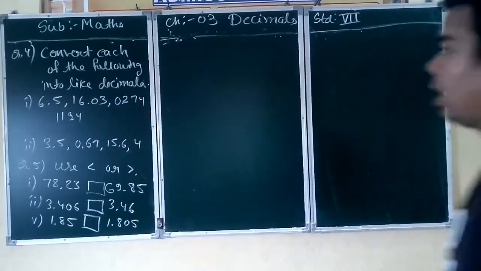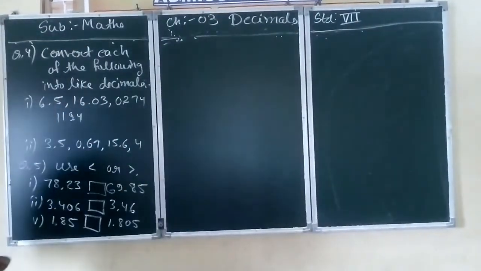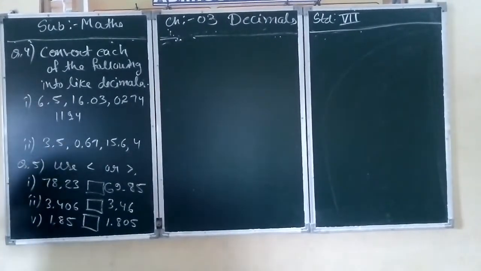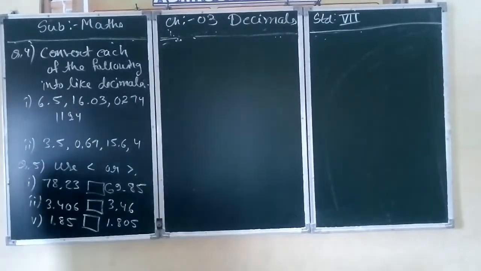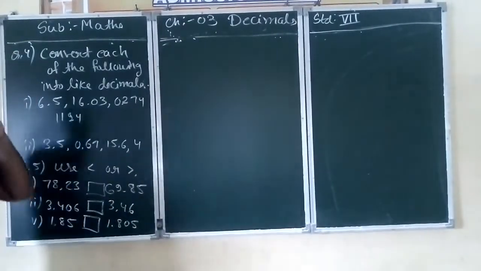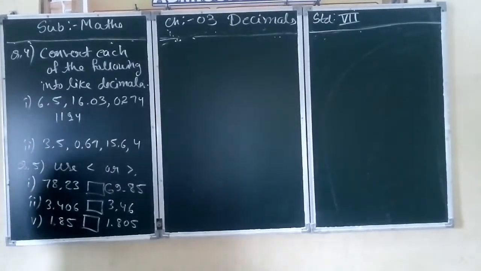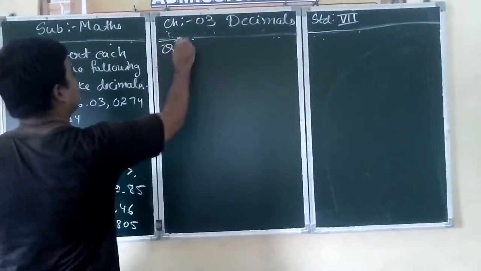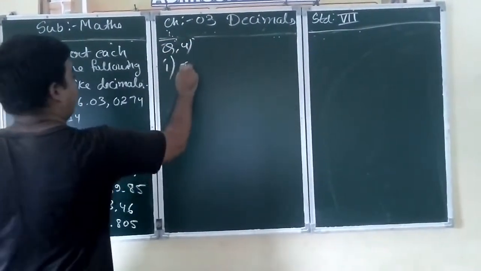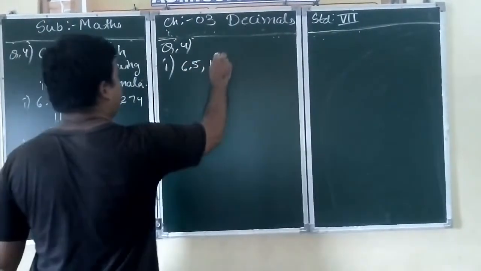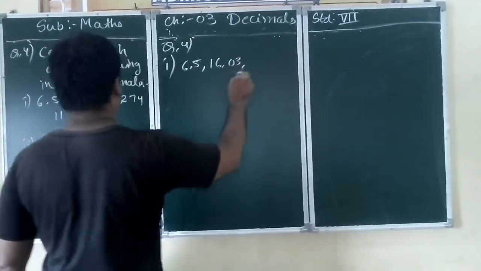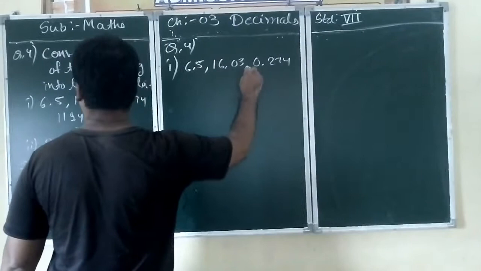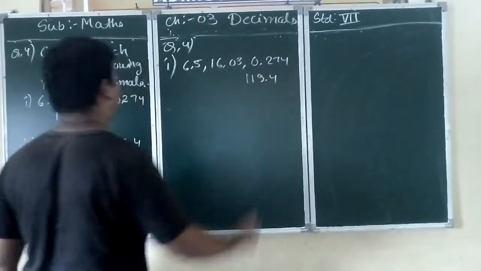Question: convert each of the following into like decimals. So here we change the decimal values into like decimals. Like decimals, as I told you before, are decimals whose decimal places are the same. First one: 6.5, 16.03, 0.274 and 119.4.